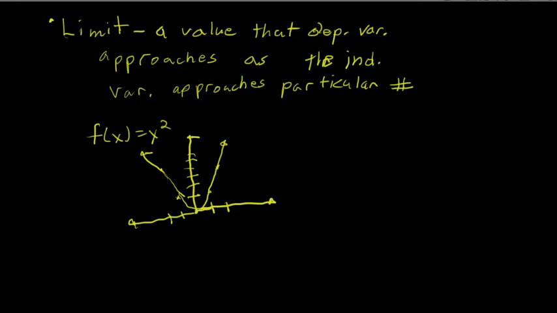And as we get really close to x equals 2, f of x gets really close to 4. And that's approaching 2 from both below and above. Another example here. Let's look at g of x equals the square root of x.